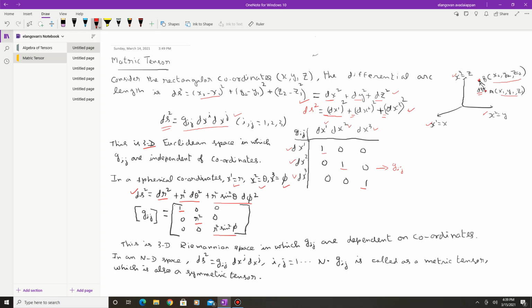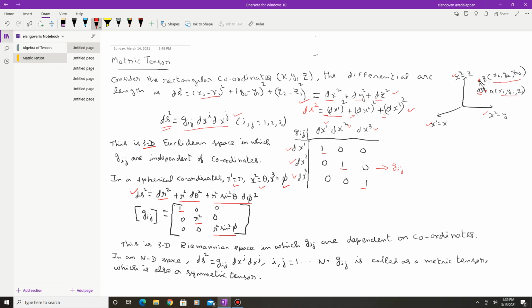Now in a 3-dimensional Riemannian space, these coefficients g11, g22, g33 are dependent on coordinates. In the previous case, the Euclidean system, g11, g22, g33 are just 1, 1, 1, so they are independent of coordinates, whereas here g22 is r square, which is a function of the coordinate, and g33 is r square sin square theta, a function of coordinates r and theta.